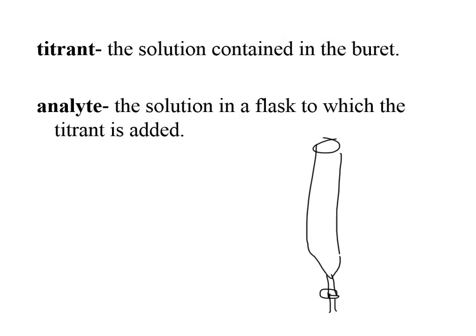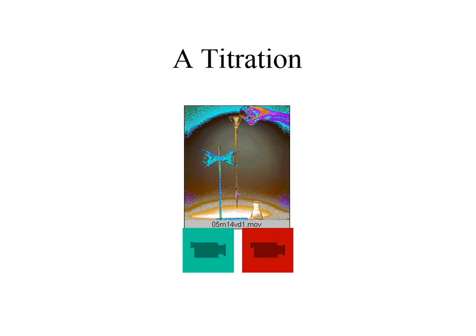That's my burette. And a very common place to put your analyte is an Erlenmeyer flask. That is terrible, but that's my Erlenmeyer flask. So there's my analyte, and here is my titrant. So we'll see how this video goes.